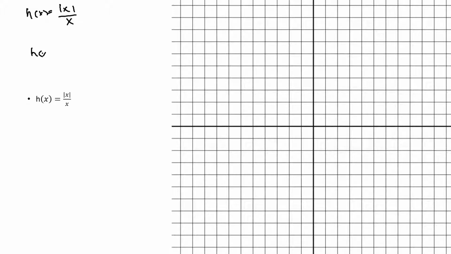I can say that my function is one of two things. On the right-hand side, the absolute value, I can just say x. On the left-hand side, I can replace the absolute value with negative x. So in other words, when x is greater than 0, I'm just going to replace the absolute value of x with just x.